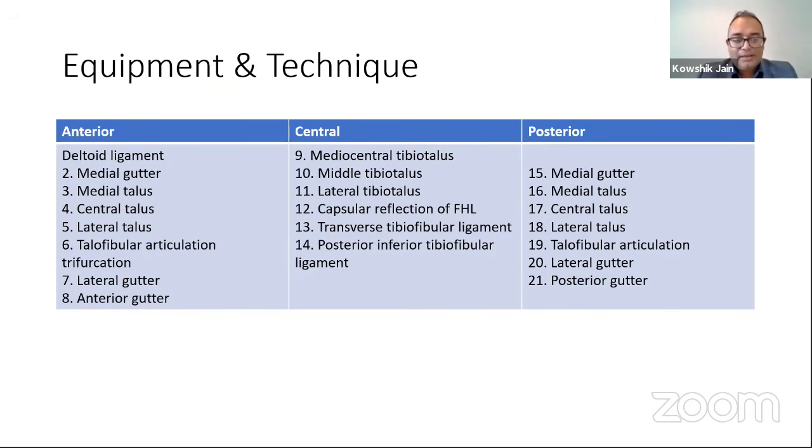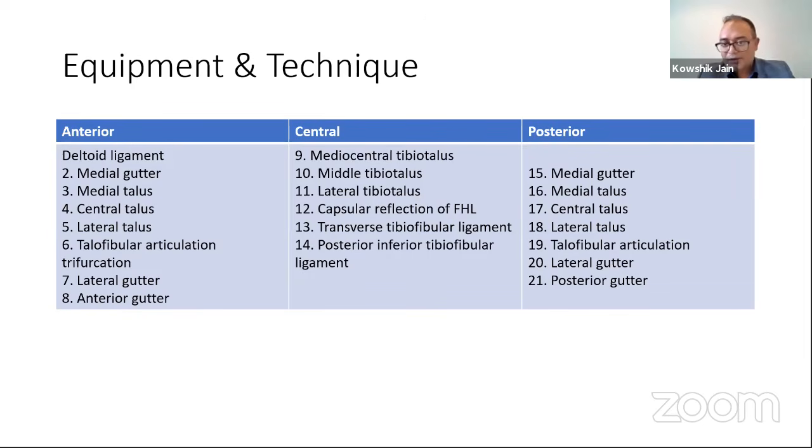Very similarly, in the central third, you visualize the medial aspect of the tibia and talus, the central aspect of the tibia and talus, and the lateral aspect of the tibia and talus. You're going to see the capsular reflection of the FHL and syndesmotic ligaments in the central part.